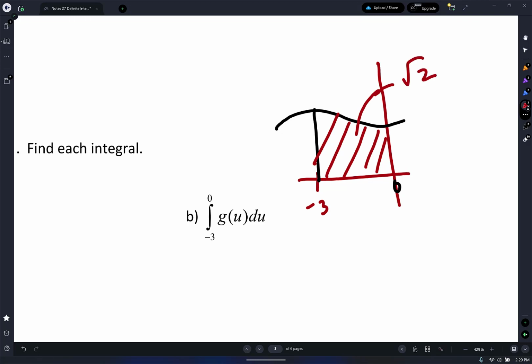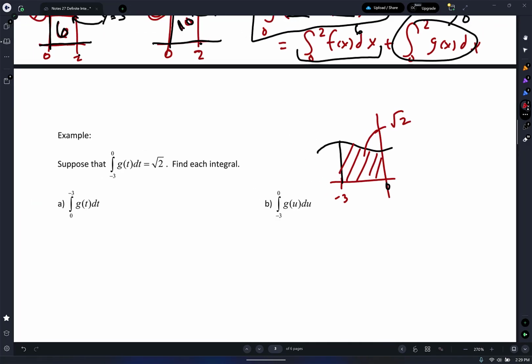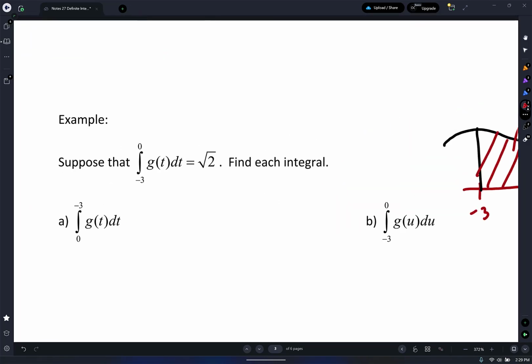I'm using the properties that they told me. Notice, for letter A, they start at 0 and end at -3. So what am I going to get as an output? Negative square root of 2, because you're counting backwards. I read it backwards.